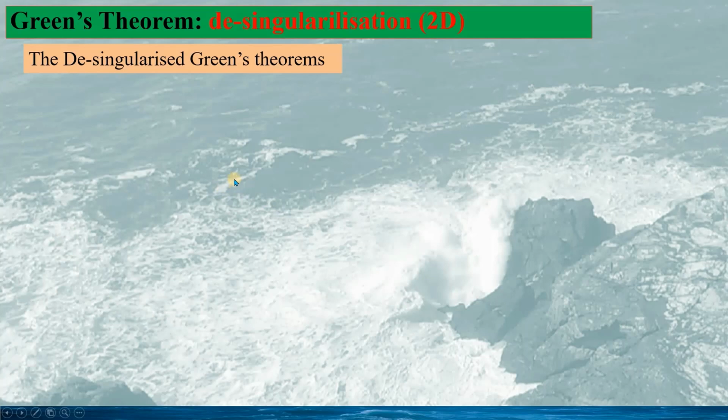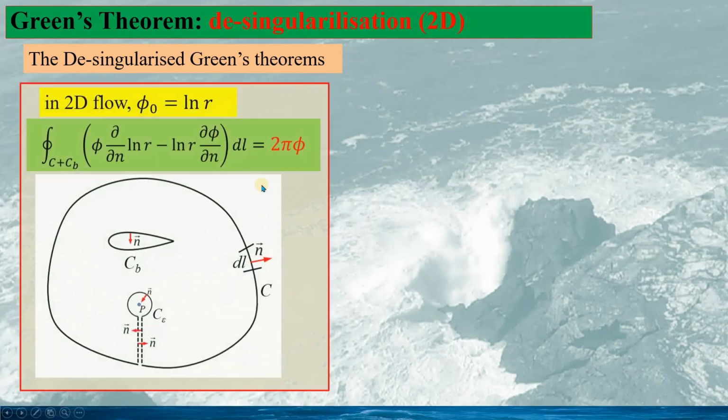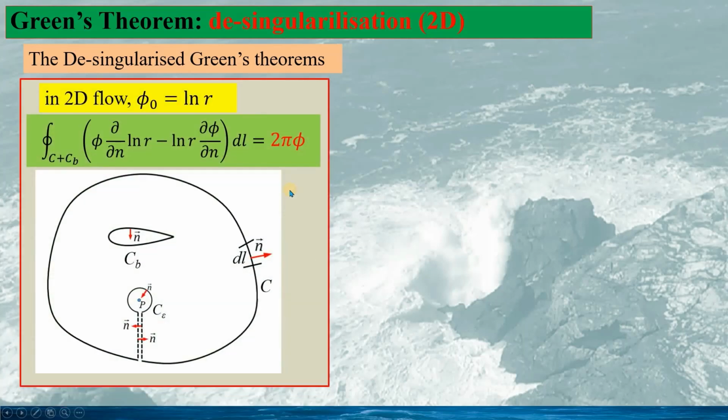Now we have a look at the desingularized Green's theorem for 2D flows. As I have shown before, the desingularization in the fluid for 2D flow would be given as this. Here, in 2D, the potential function phi 0 would be given as logarithm r.